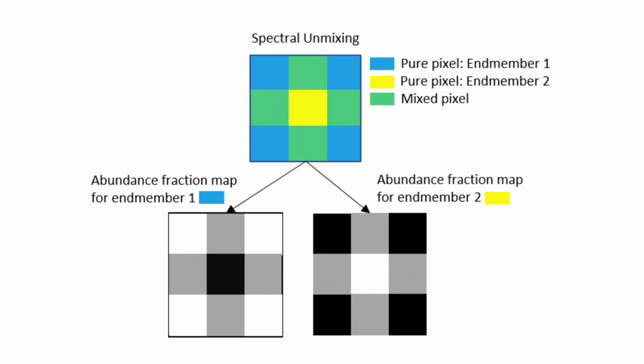There are several other approaches, but given this step, we can then use abundance map estimation to actually estimate the fractional amount of each end member present in each pixel. Based on this, we can actually produce an abundance map for each end member, and that can label each pixel as belonging to one or the other of the end member spectra.